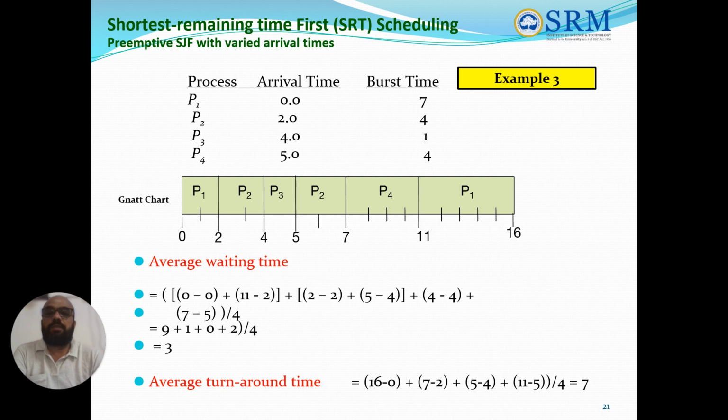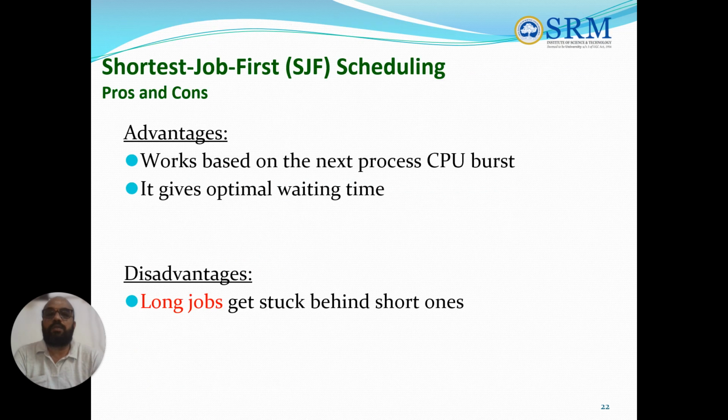That is the waiting time of P2. For P3 it is 4 minus 4, so it doesn't wait. For P4, it arrives at 5 and starts at 7, so 7 minus 5. When you take the average, the answer is 3. And the average turnaround time comes to 7.